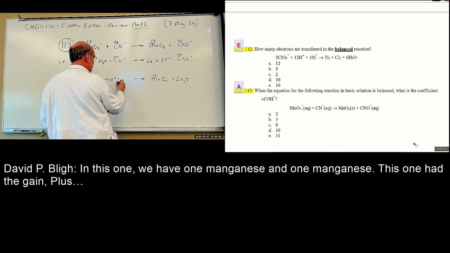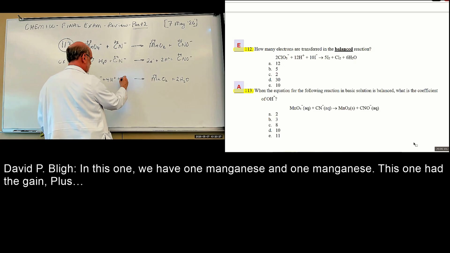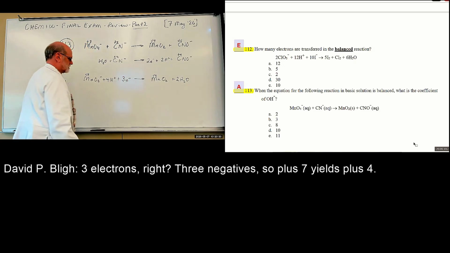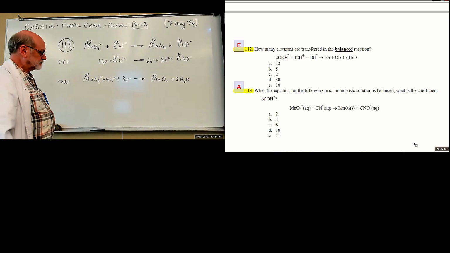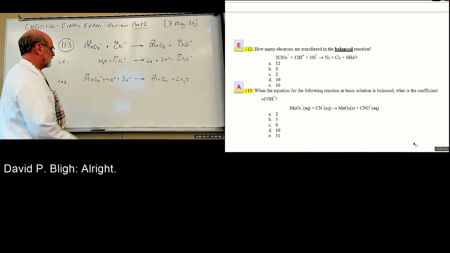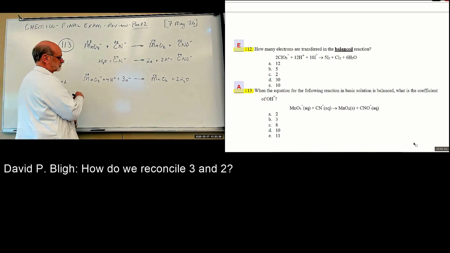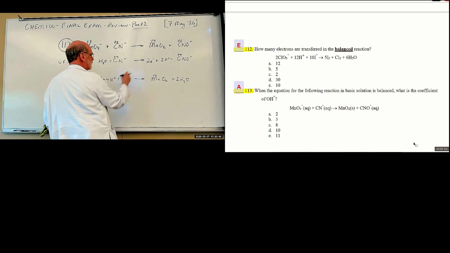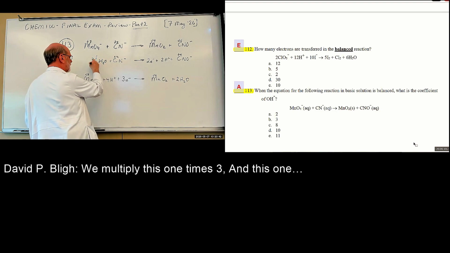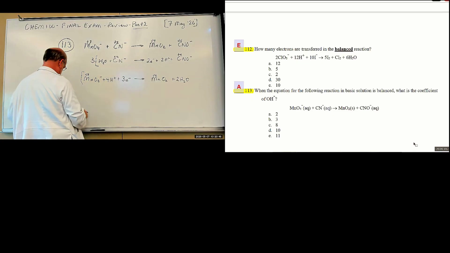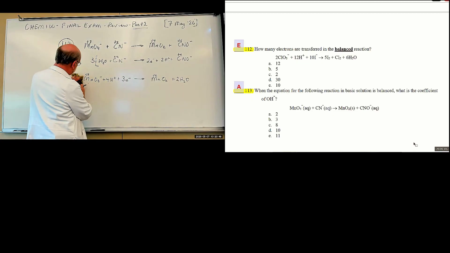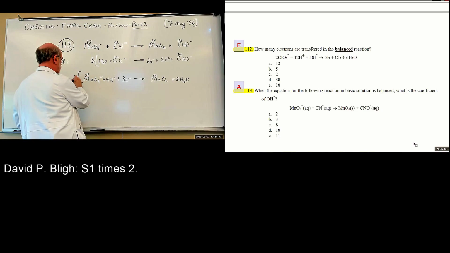This one had to gain 3 electrons. Right? 3 negatives, so +7 yields +4. All right. How do we reconcile 3 and 2? We multiply this one times 3, and this one times 2.